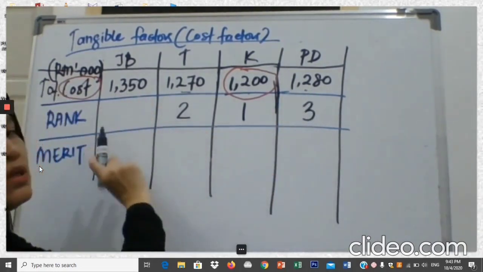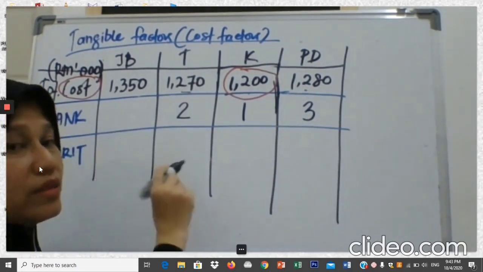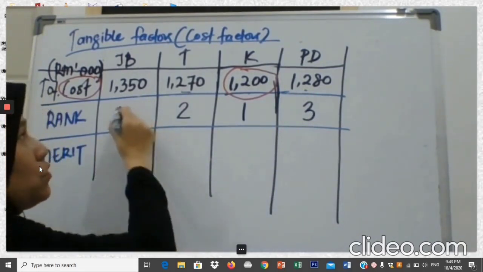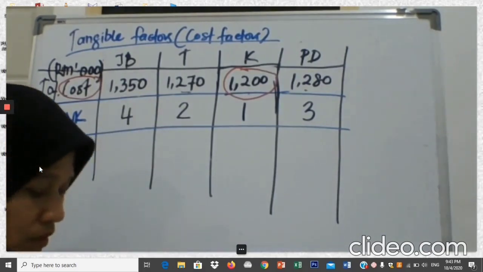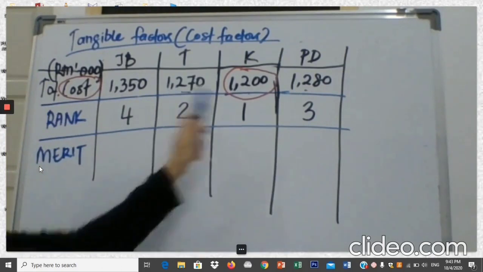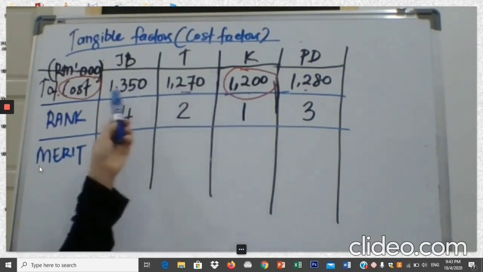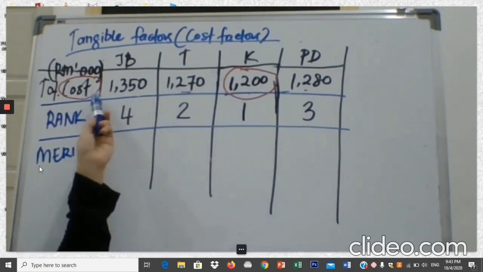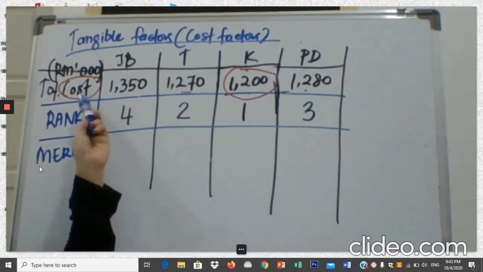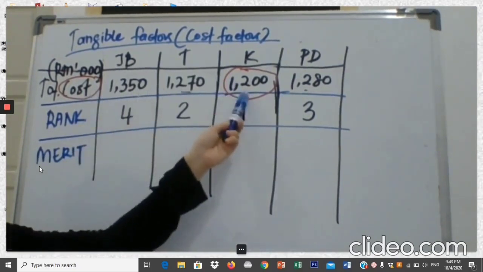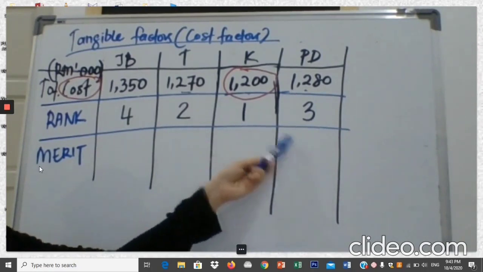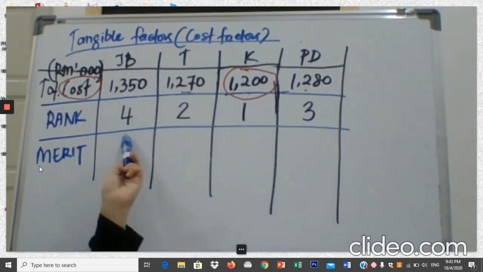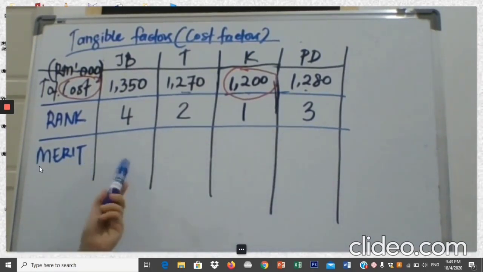You assign rank number 3, and the highest one is not the best, so you assign rank number 4. The clue here is choose the best first, and remember you are trying to determine the best location with the best cost. The best cost is the lowest cost. So automatically you assign rank number 1, kedudukan nombor 1. Second best, third best, and the least best.